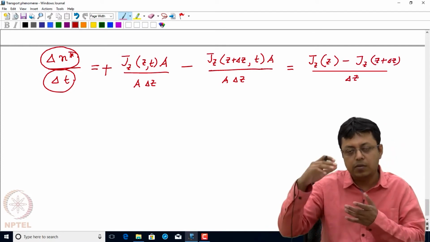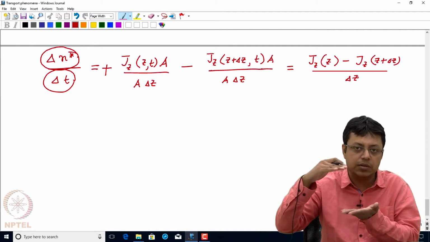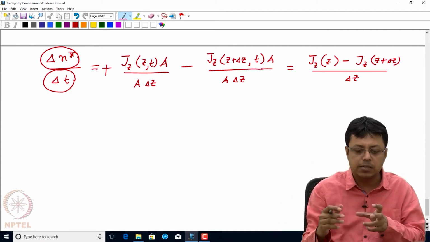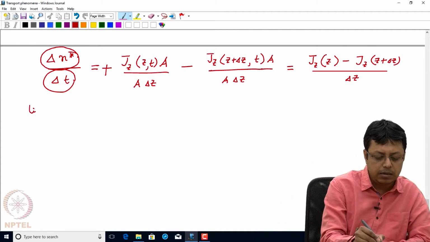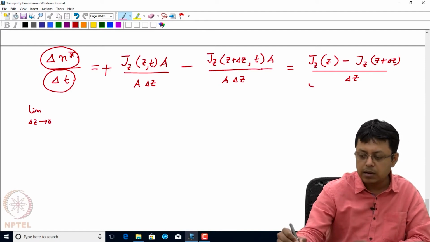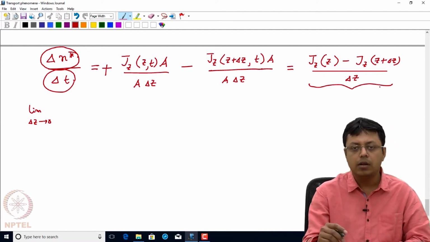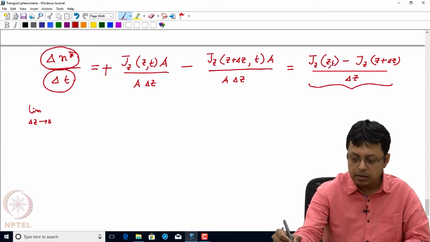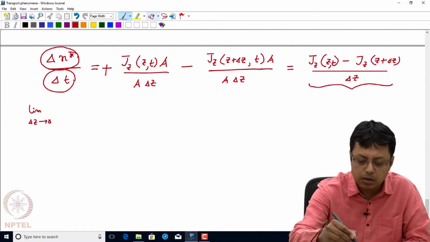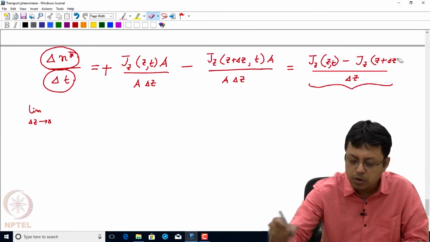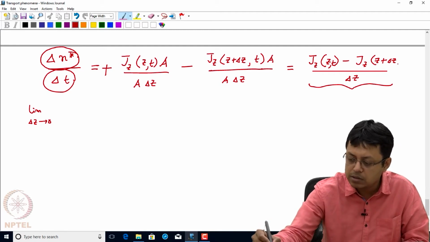Now of course you can approximate that this delta z which we have chosen is very small, in the sense that the limit delta z tends to 0. This quantity becomes, by definition, the derivative of the flux with respect to the position. And to write it consistently, we write J as a function of z, the position, as well as time.